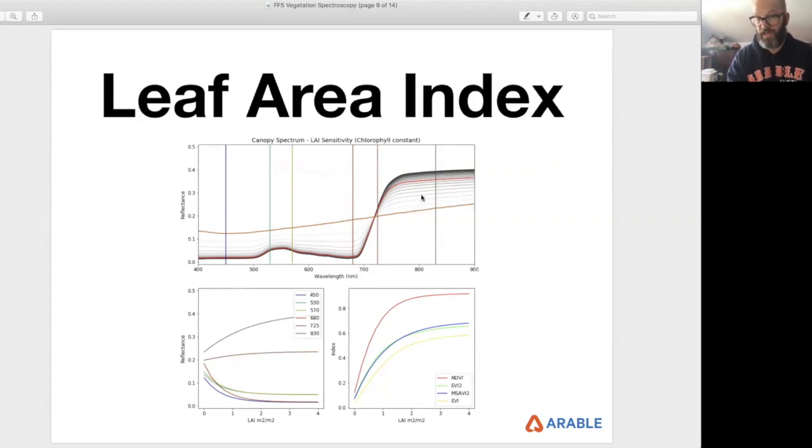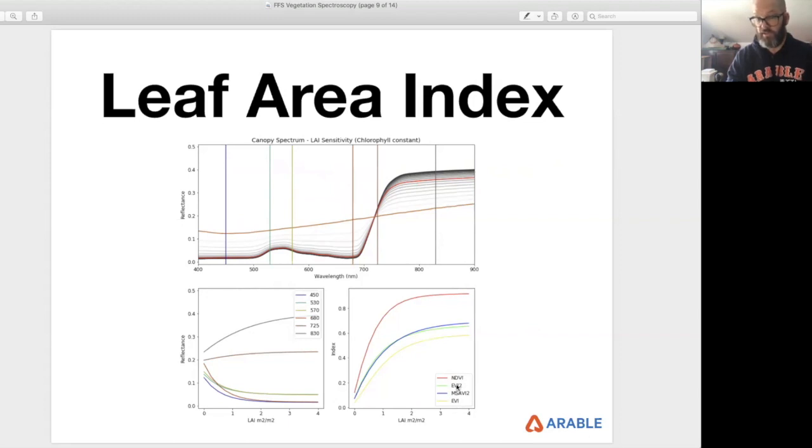And so we're adding more leaves. And at a certain point, each additional leaf is covering up probably mostly other leaves and maybe a little bit of soil. So it has this saturating effect. And the reason why people have these different spectral indices is more or less to deal with the saturating effect.